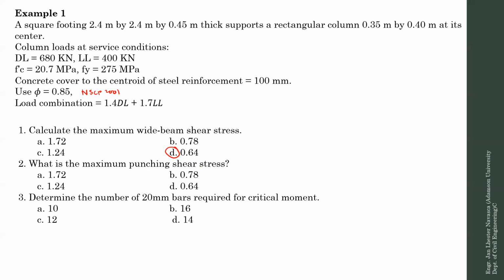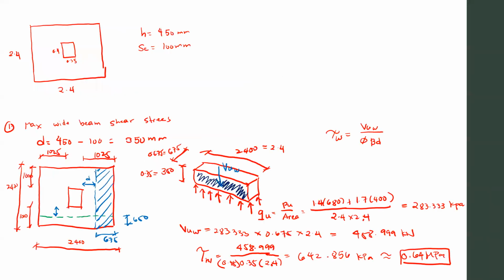Okay, they have questions for maximum wide beam shear stress. Okay, so meron ka ng actual shear stress or demand shear stress. Now compare it to your capacity. So if you recall the capacity, that is 0.17 lambda square root of F prime C. Yan yung stresses. After nun, compare mo sila, sino yung mas mataas.